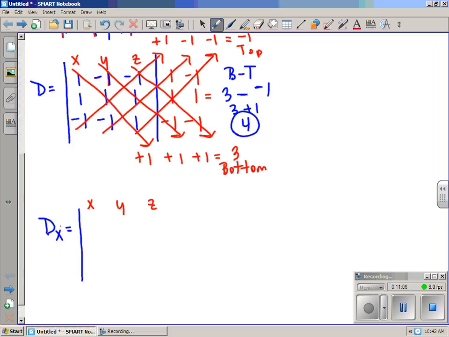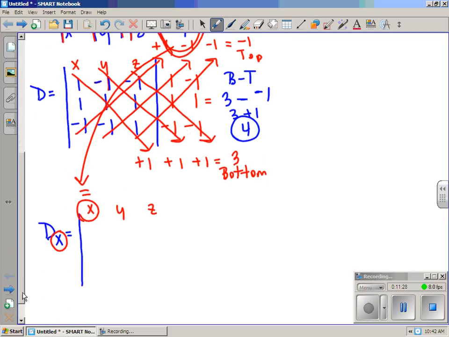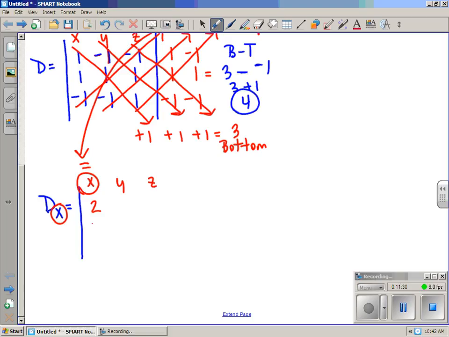The sub letter that we have here is dx. That means we're going to change the x column. We're going to replace that column with what I call the equal numbers. Remember I told you a while ago we didn't use these? We're now going to use the 2, 2, -4. That goes into the first column.